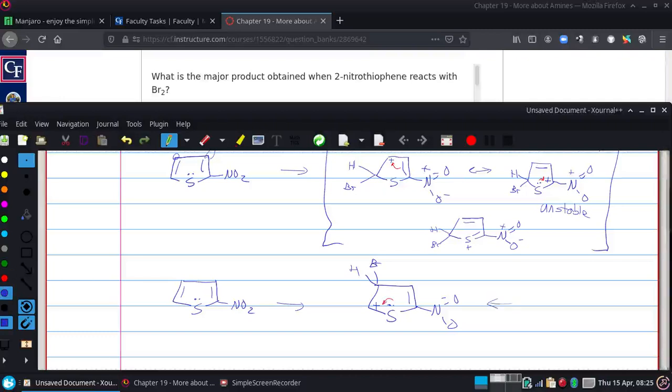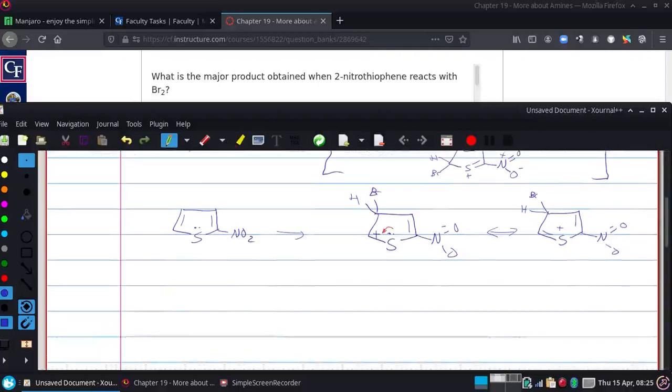So this location only gives us 2 resonance contributors that are stable, but both of them are perfectly stable. We don't have an excessively unstable location where the positives and negatives are on top of each other. But if our other location gives us more resonance contributors, that's actually going to be the one we go with.